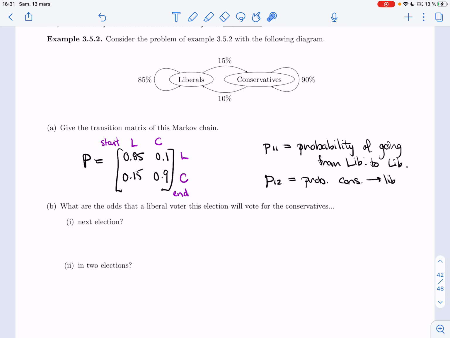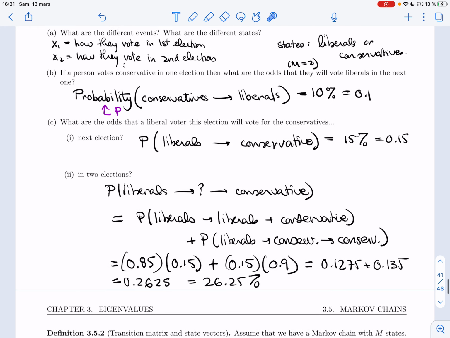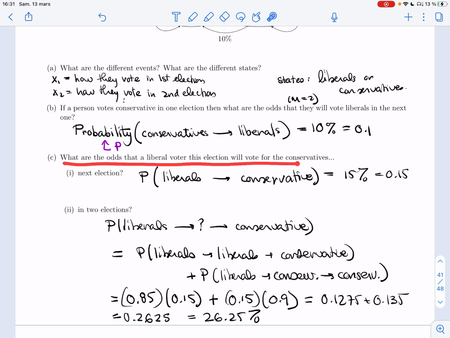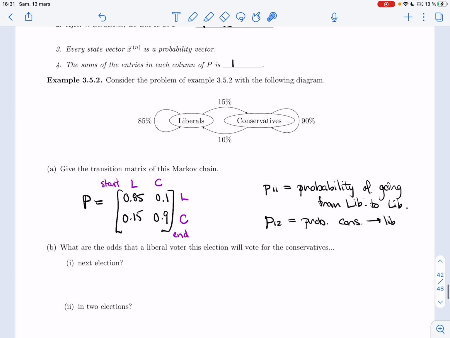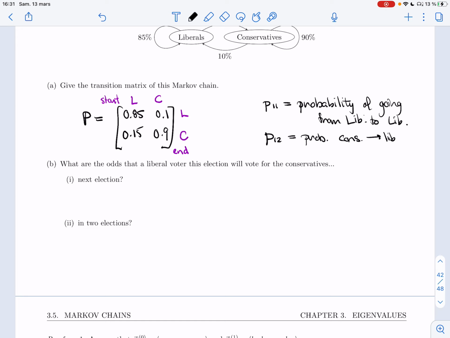All right, let's recompute the two questions that we had in the last page. If you start liberal, what are the odds that you go conservative? If you start liberal, your current state is 100% liberal. So liberal 100%, conservative 0. You know you're a liberal at this point. After one election, that's x1, which is P times x0.